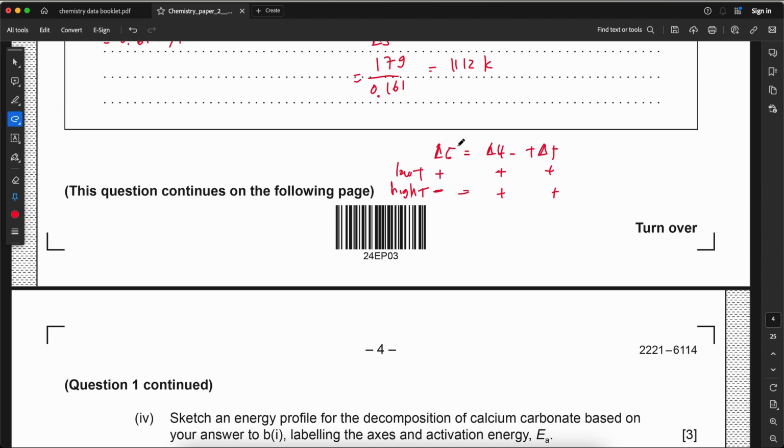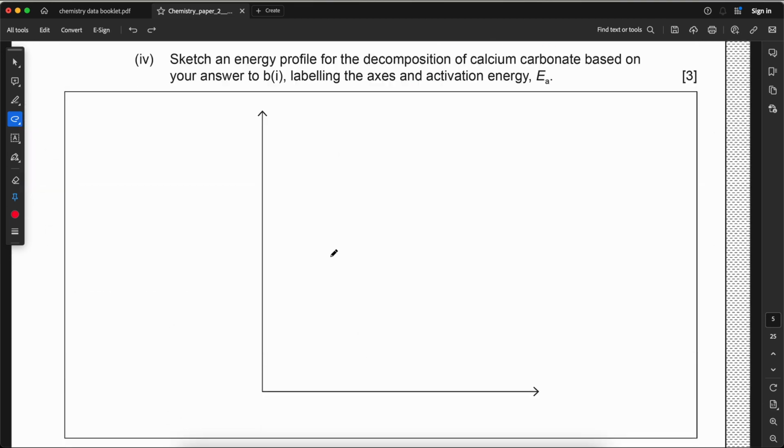Sketch an energy profile for the decomposition of calcium carbonate based on your answer to 2B1. Label the axes and the activation energy, Ea. From the previous question, we got an enthalpy of plus 179 kilojoule. So that is endothermic. The reactant will start from here, and this is the curve, and the product will be right here.